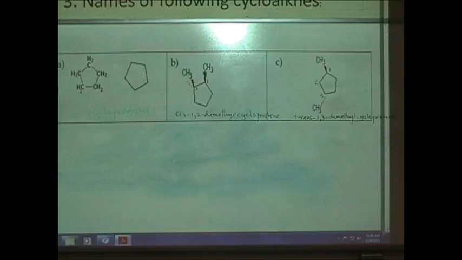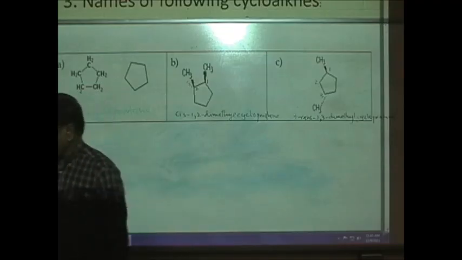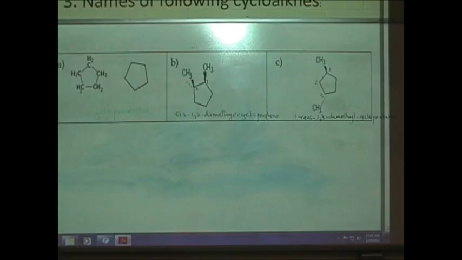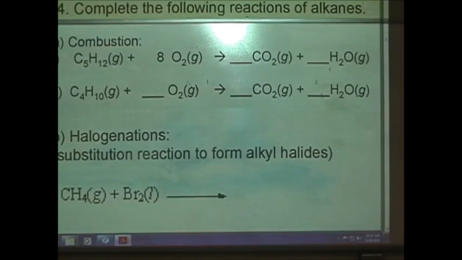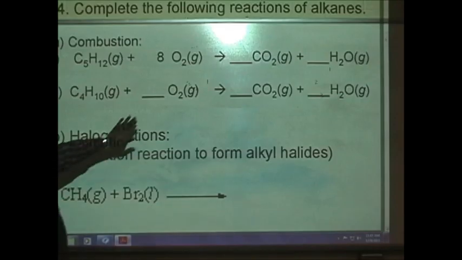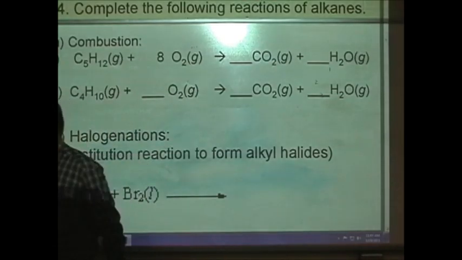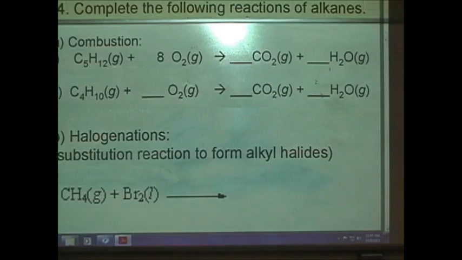Now you understand how to name alkenes, alkynes, and cis-trans isomers for alkenes, right? Now I'm going to ask you, revisiting what we talked about. Remember that day, when you run into fractional numbers, fractional numbers for the stoichiometric coefficient for oxygen?